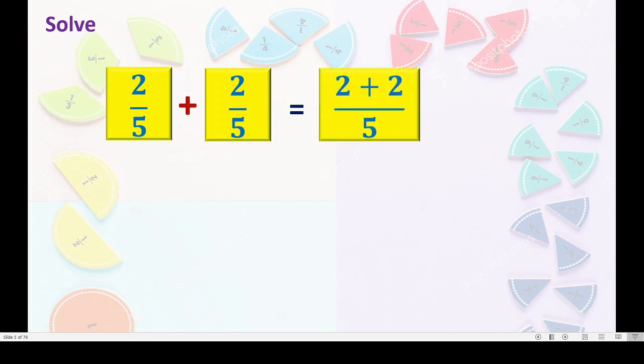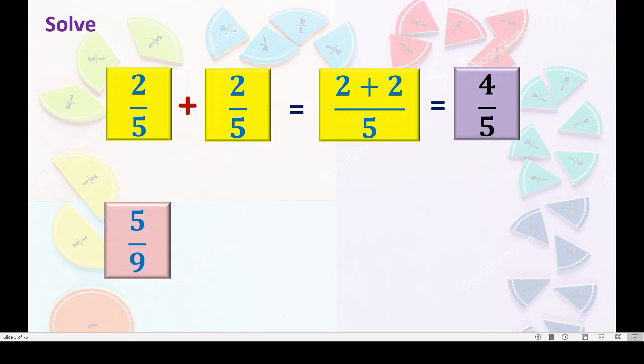That is 2 plus 2, that is 4, isn't it? 4 upon 5 is the answer. Right? First we selected 2 parts out of 5 and again we selected 2 parts. So 2 plus 2 became 4. Right? Because the denominator is same.